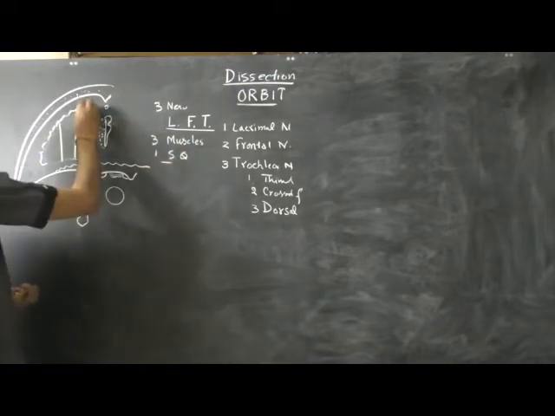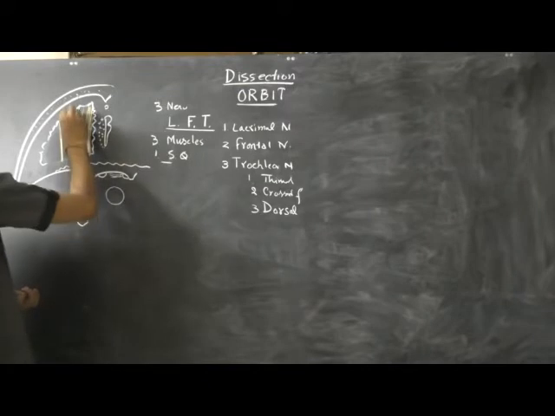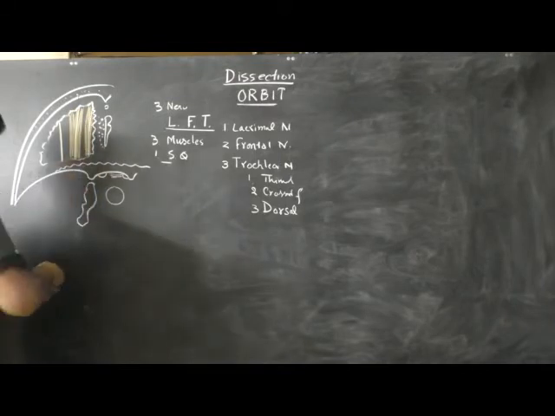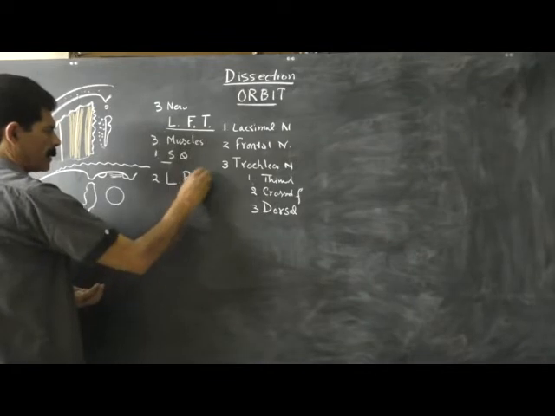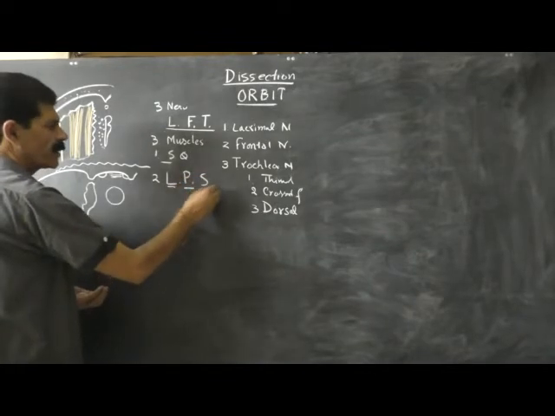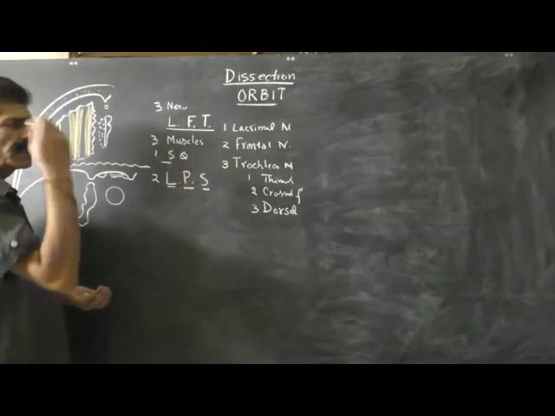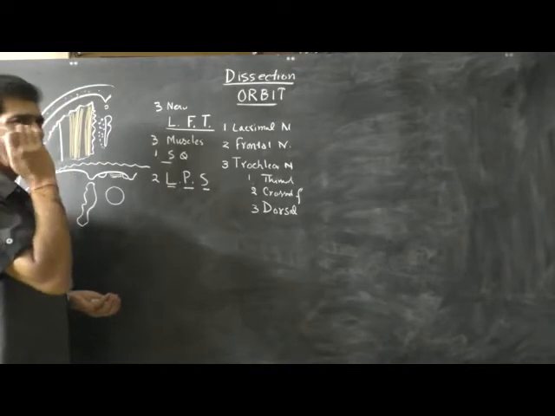Just below the frontal nerve, another muscle we encounter here. This is the LPS, levator palpebrae superioris. It is the only muscle for the upper eyelid. Lower eyelid is stationary.